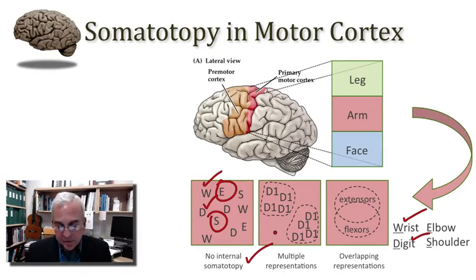And it's for these reasons that I elected not to illustrate the somatotopic representation of movement in the precentral gyrus with a homunculus-style cartoon, because I think that would be misleading. You might get the impression that there is a detailed somatotopic mapping of the body in the precentral gyrus.